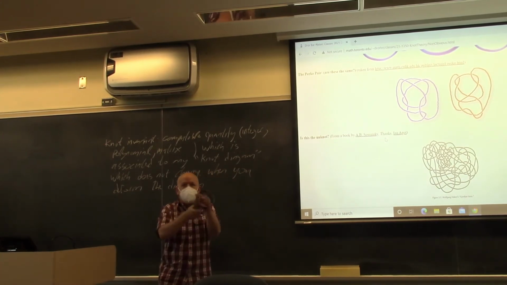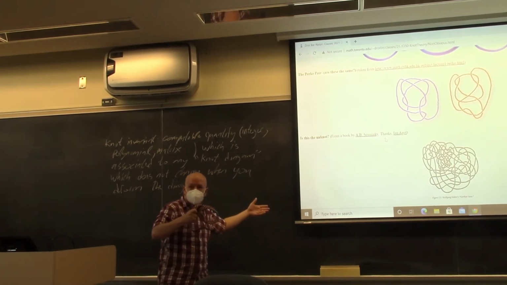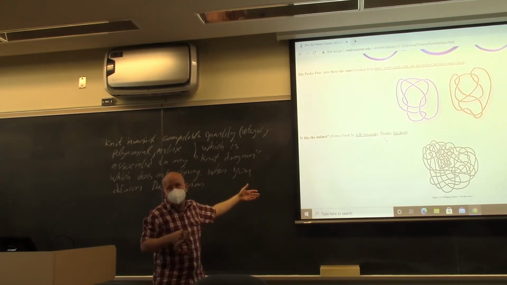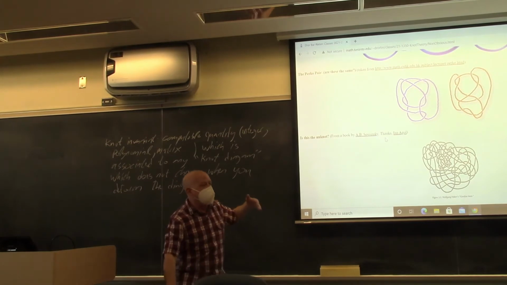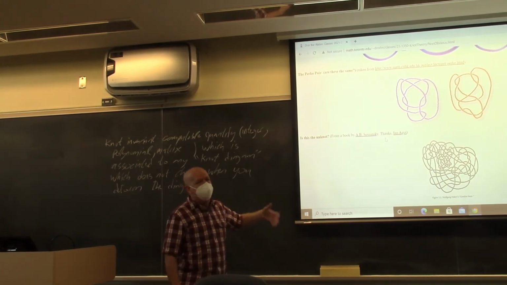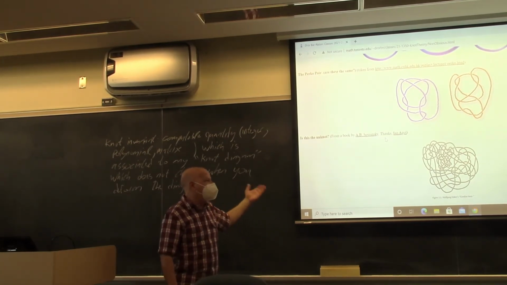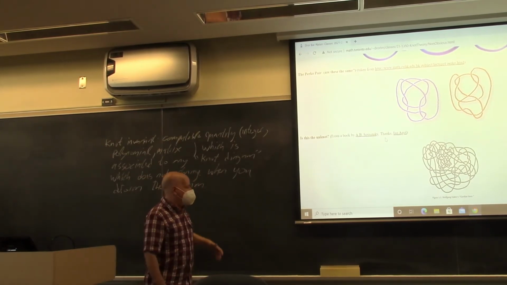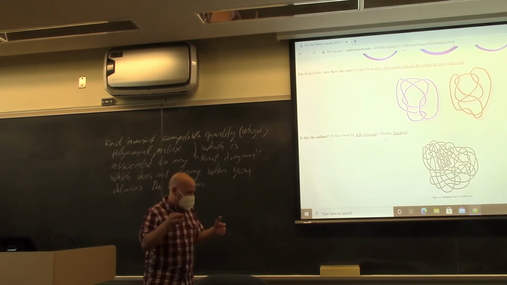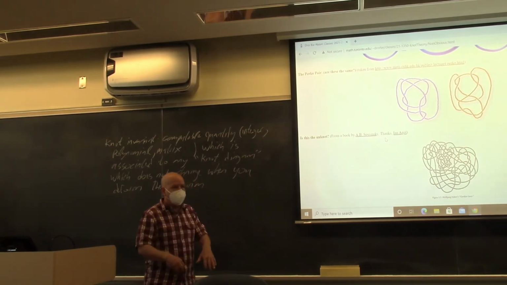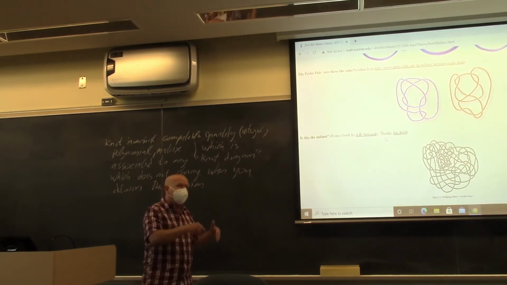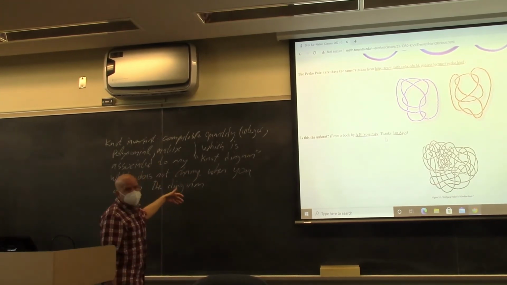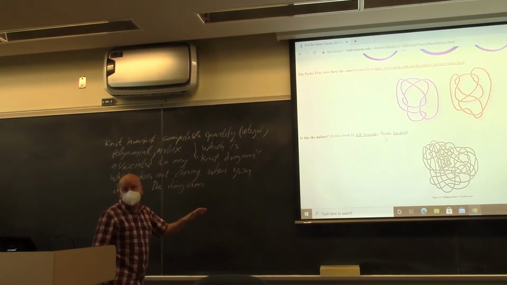So you deform the knot, the projection gets deformed, and I want an invariant, a quantity that does not change when you look at the movie of deformations of the diagram that corresponds to deformations of the knot. I could make it more precise, and I will, but this is the first class.